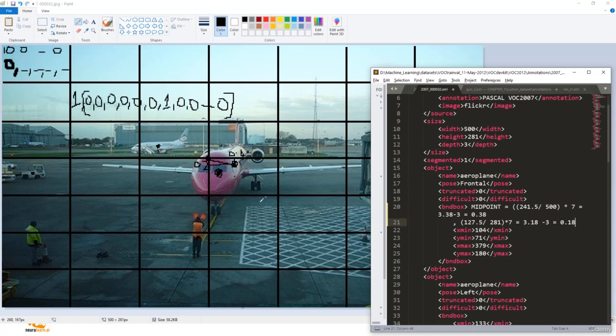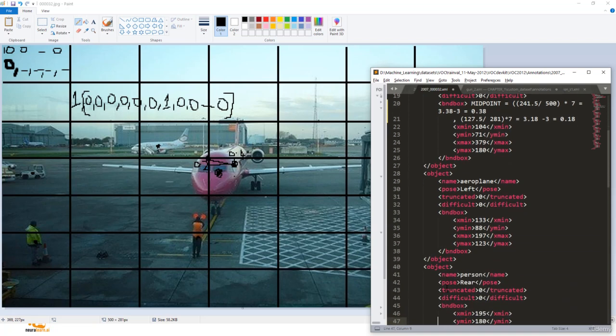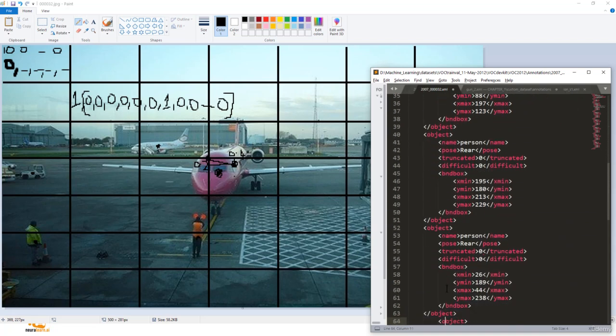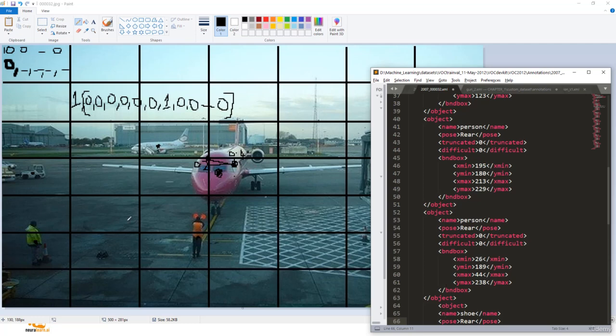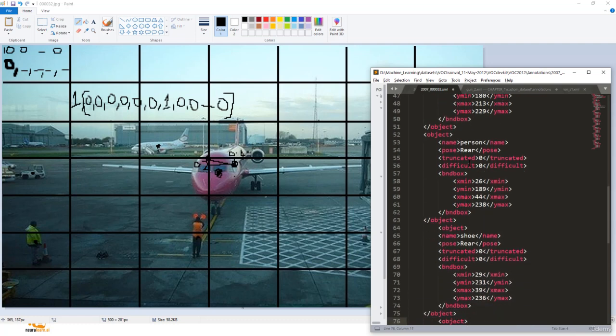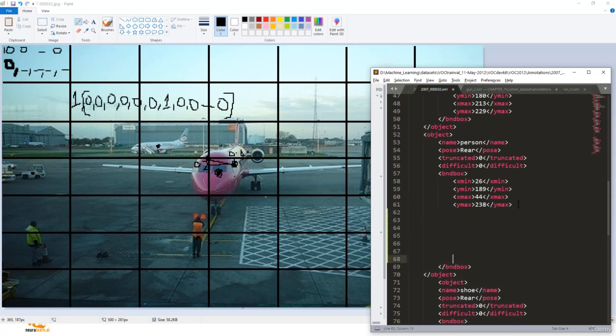So let's repeat the same exercise for this person right here. Suppose we have this person, and then let's take these coordinates. We have this person at this point, 22, 188. So okay, yeah, this should match with this person instead. It should be this person right here. So we're dealing with this person. Let's calculate the x center.